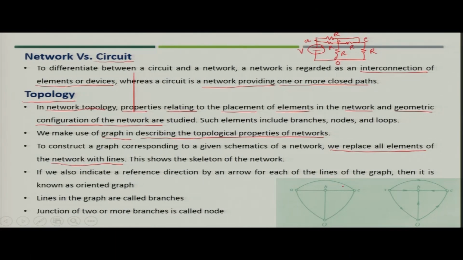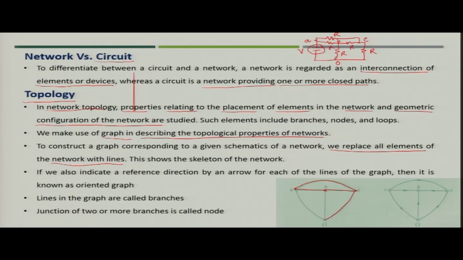So, here if you see A is connected to C, so instead of adding R, we are simply adding the line. A is connected to C, then between A B resistor R, so we are again creating a line. B to C, we are connecting the line. C to O, that is again we have one line.